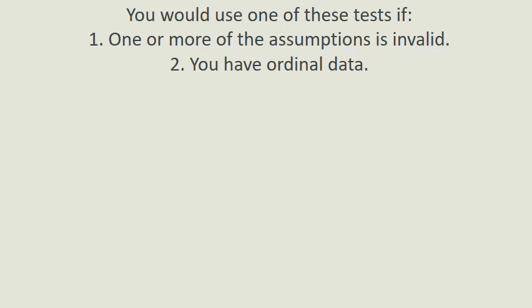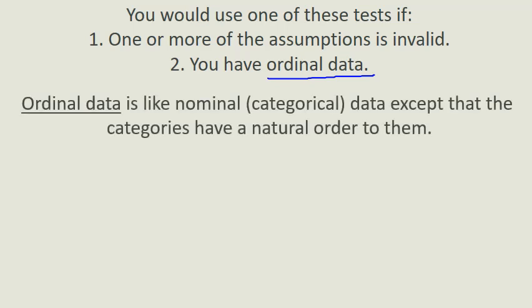The second situation when these tests are useful is when dealing with ordinal data. This is categorical data, but with the added twist that they can be ranked in order. For example, the sizes small, medium, and large are categories, but they also have a natural ranking.